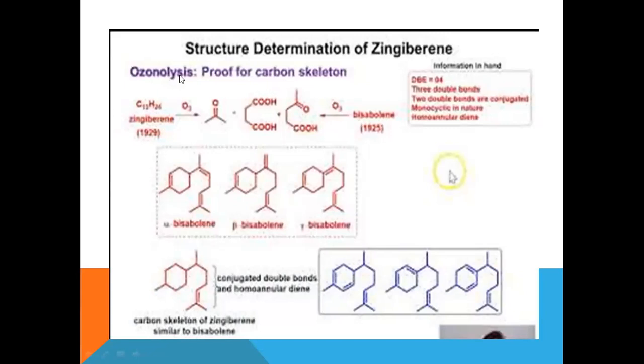Ozone plus lysis. Lysis means breaking down. So here the molecule breaks down when it is exposed to ozone. This reaction is called ozonolysis. The breaking of the molecule into simpler units by passing ozone is called ozonolysis.